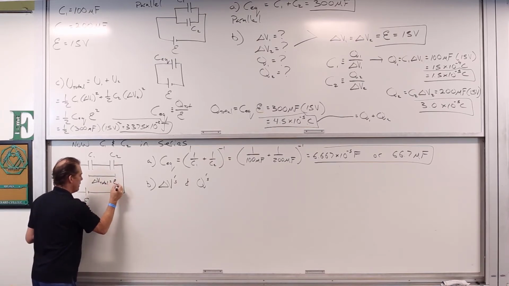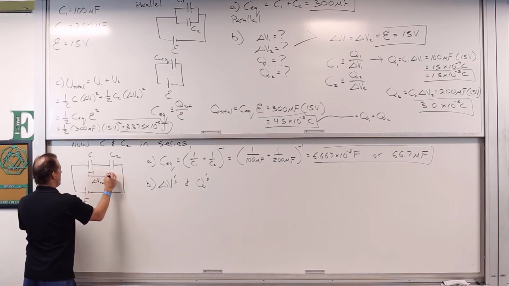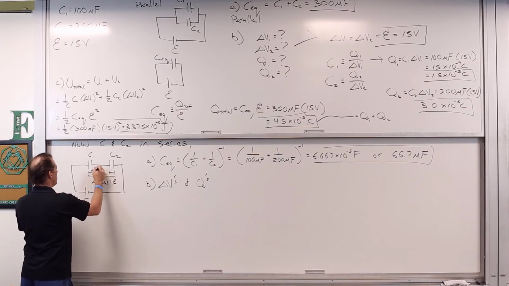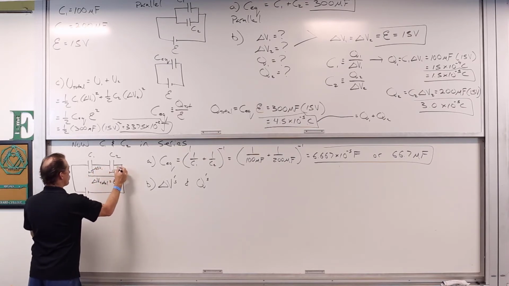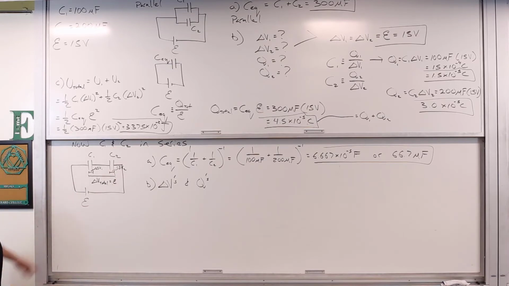Script D problem. But that gets split up, right? We've got a delta V1 and a delta V2. And we can't just say that it has to be 7.5 and 7.5, because that doesn't make sense, and that would just be way too easy. No, it just gets split up evenly. So what then?